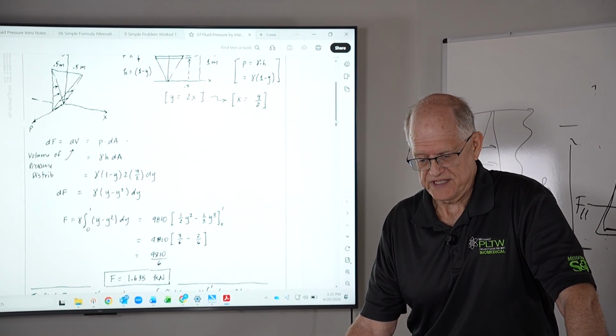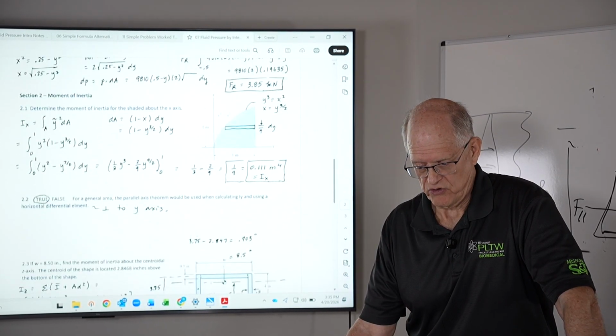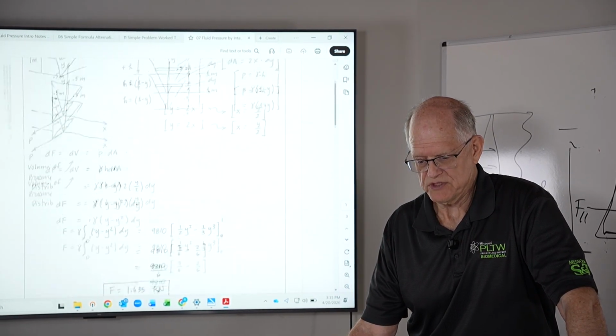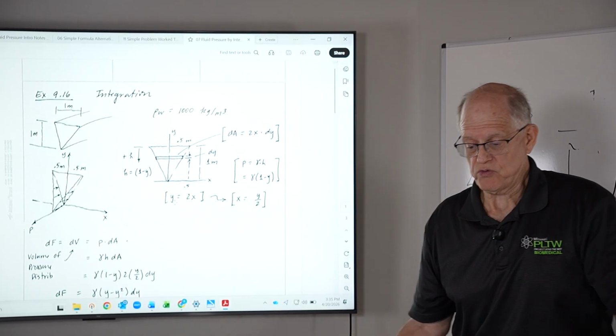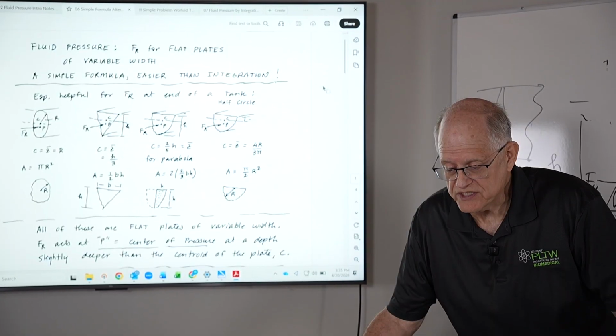Basically the procedure is the same for a circle or for some other shapes. But there's really no reason to do that when you can use this simple formula.